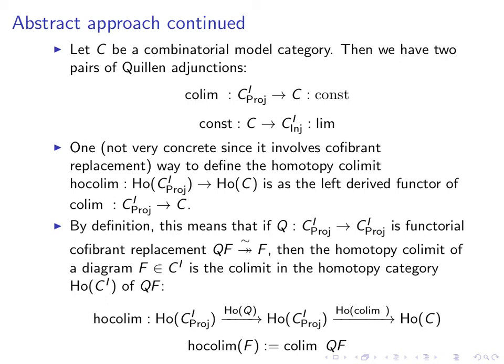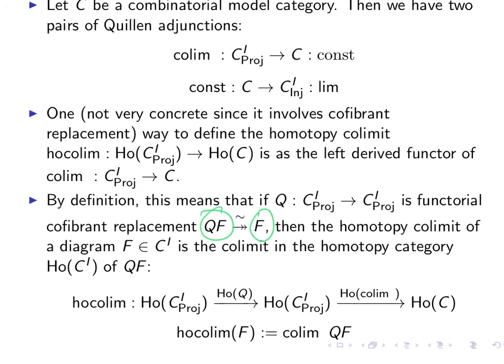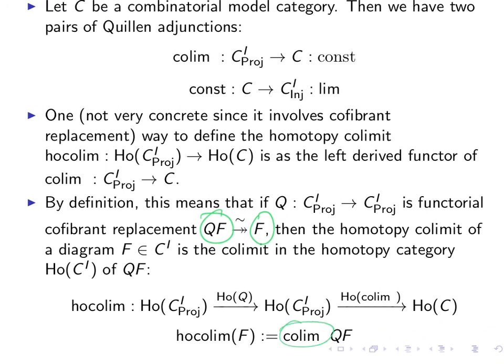One way to define the homotopy colimit is you take the left-derived functor of the colimit, and what that means is you start with your diagram F, take a cofibrant replacement. Again, that's somewhat abstract. What exactly is this cofibrant replacement? Once you have QF, that's a new diagram. Then you take the ordinary colimit of QF.